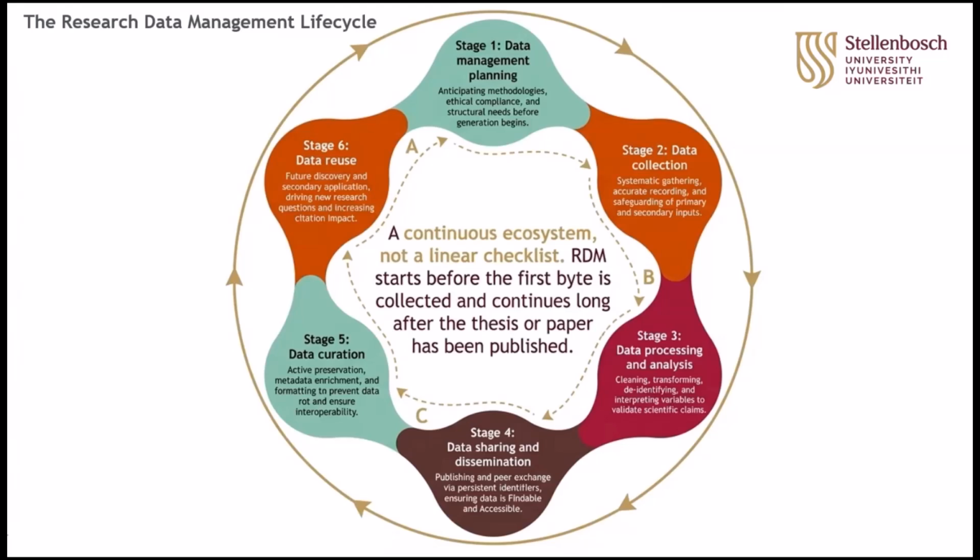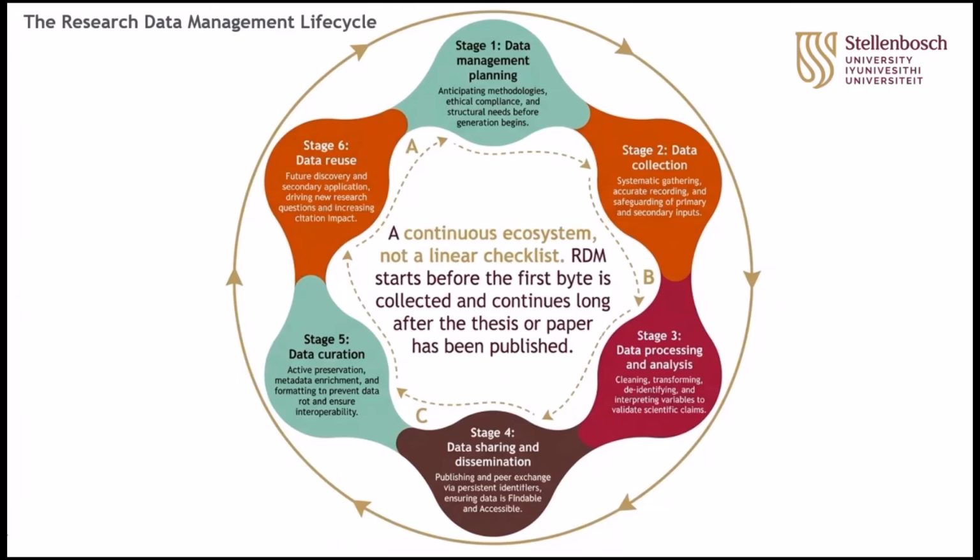The curation of that data, so applying appropriate metadata standards so that that data is as discoverable and accessible as possible. And then ultimately, the goal would be the reuse of the data.